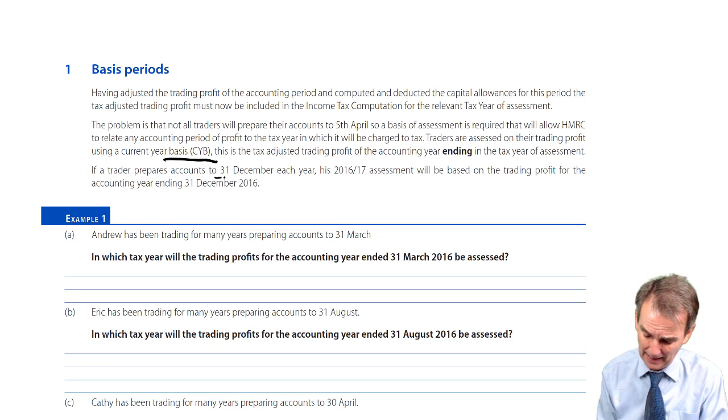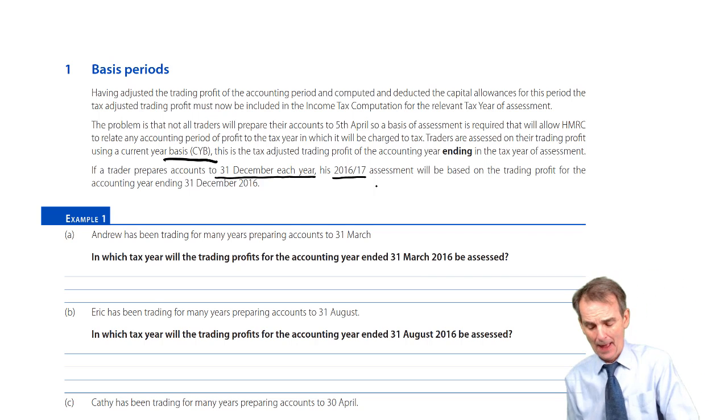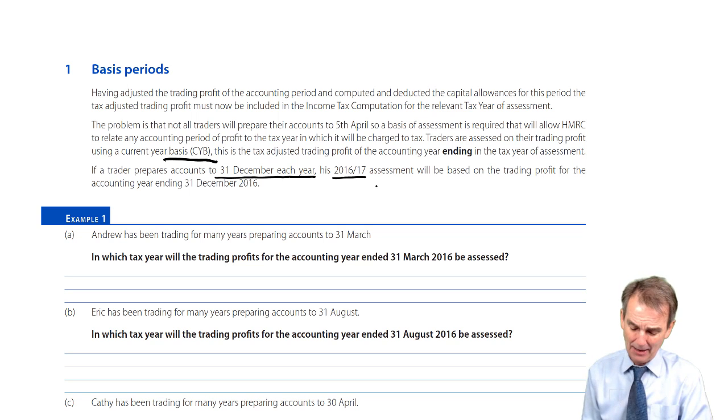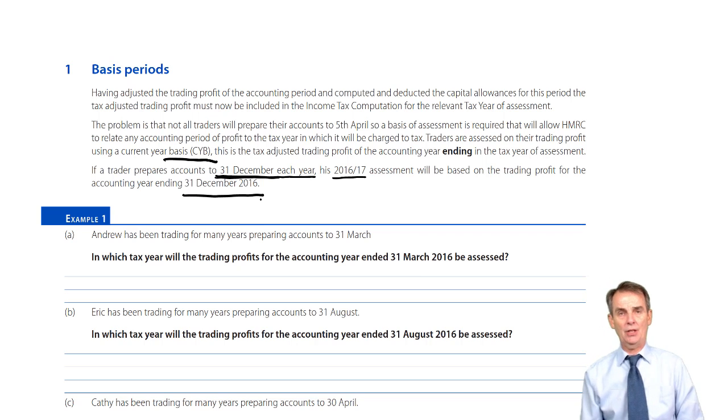If a trader prepares accounts to the 31st of December each year, for the 2016-17 year, what assessment will be raised? That will be based on the tax adjusted trading profit of the accounting year ended the 31st of December, which 31st of December ends in the 16-17 year, very obviously the year ended December 16.